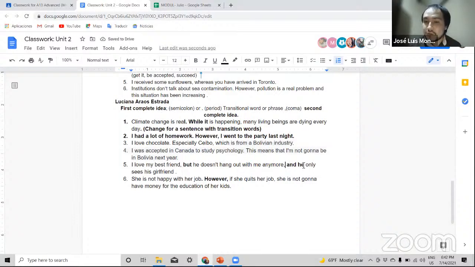If you don't mention the subject once again, you don't need a comma. The idea here is that you are mentioning a subject, and it could be the same subject or a different subject. But if you don't mention any subject and you only have a verb, then and is more than enough. All right, and we don't need an extra comma.